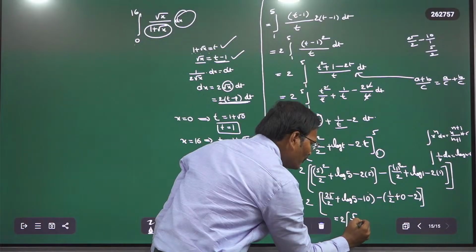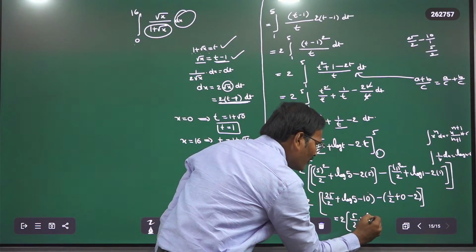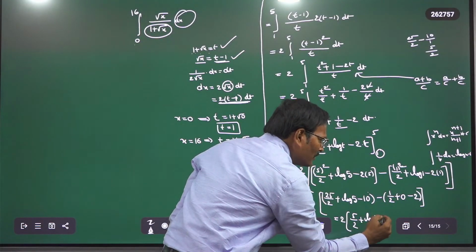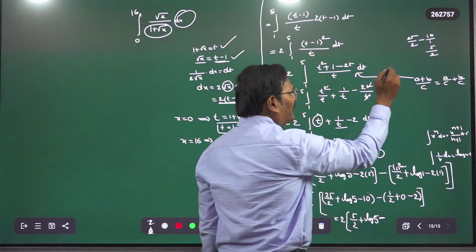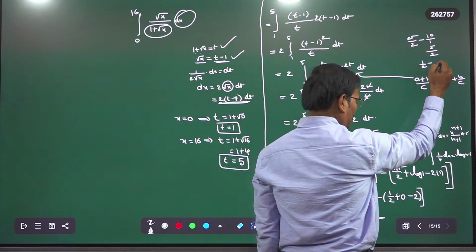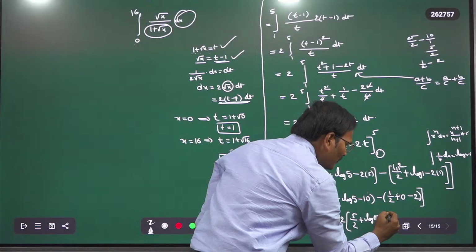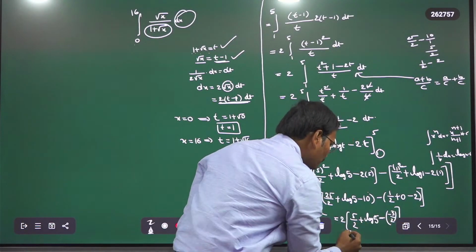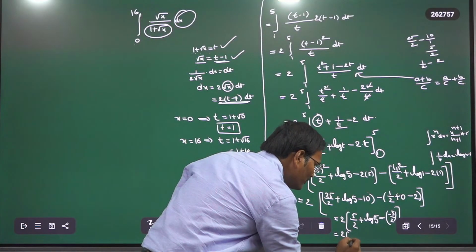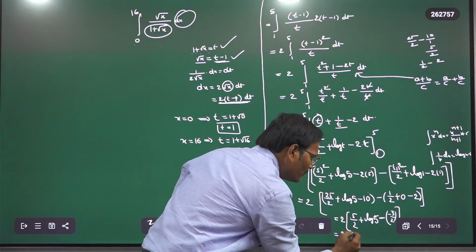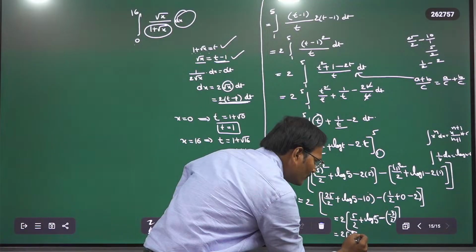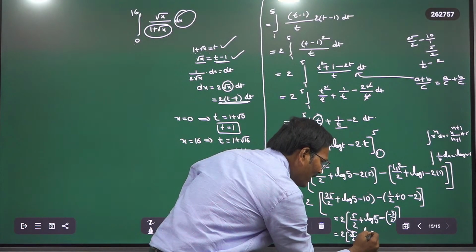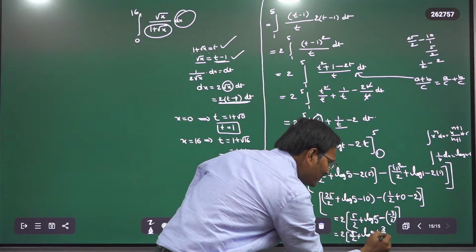So 5 by 2 plus log 5 minus 1 by 2 minus 2. So that is equal to minus 3 by 2. So 2 into 5 by 2 plus log 5, minus into minus, plus 3 by 2.